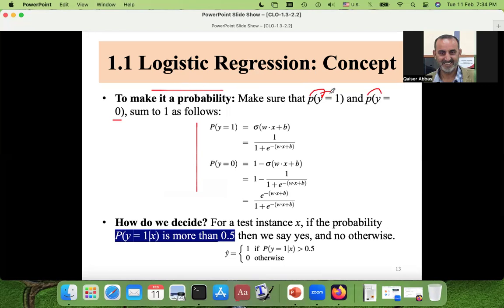And if it is a binary classification, the model will give us the probability value for one class.